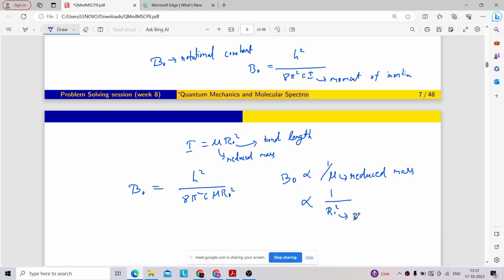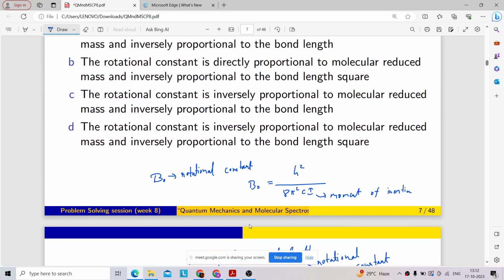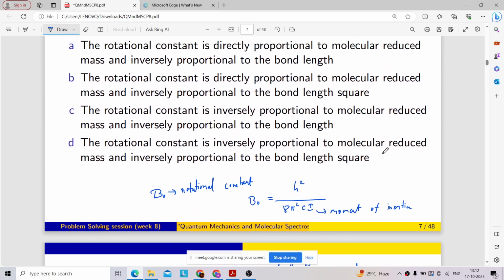This is the bond length, and this is the rotational constant. So what we see, the rotational constant is inversely proportional to reduced mass and inversely proportional to the square of the bond length. So which option is this? Inversely proportional to reduced mass, inversely proportional to bond length. Okay, this is the correct answer.